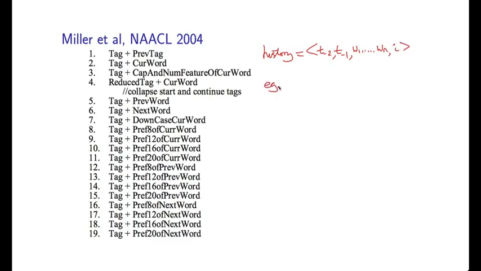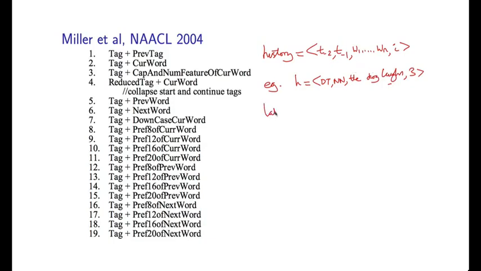For example, we could have the history h equal to, say, determiner, NN, "the dog laughs", 3, signifying that we're tagging word 3 in the sentence, and the previous two tags were determiner and noun.